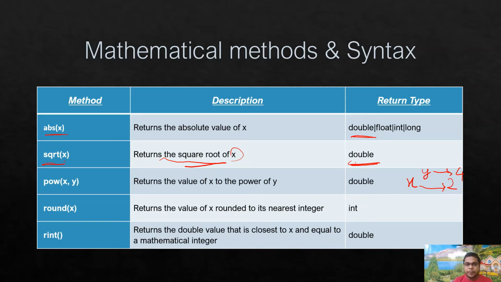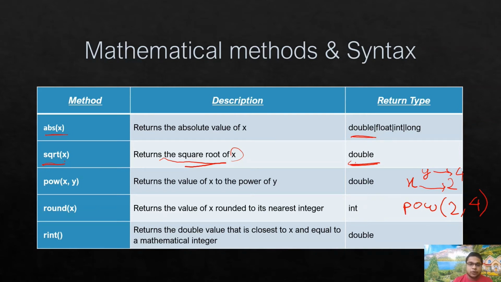So what is my math function, the pow function? I can write pow, then insert the first parameter, my x, so I am taking here 2, then separated by a comma. After that I am taking the value 4, meaning pow of 2 to the power 4.